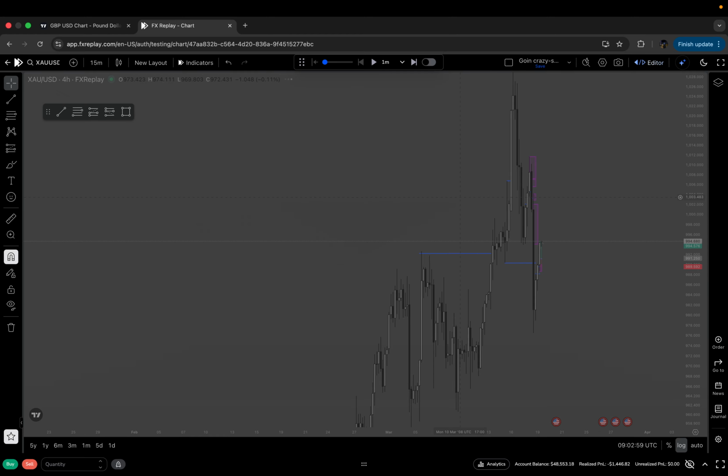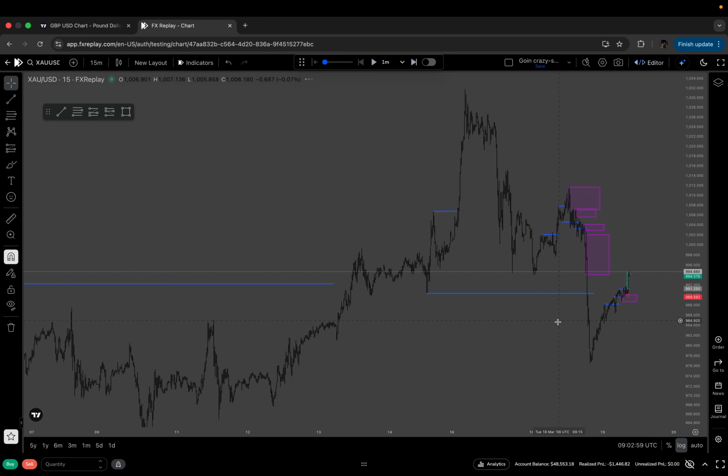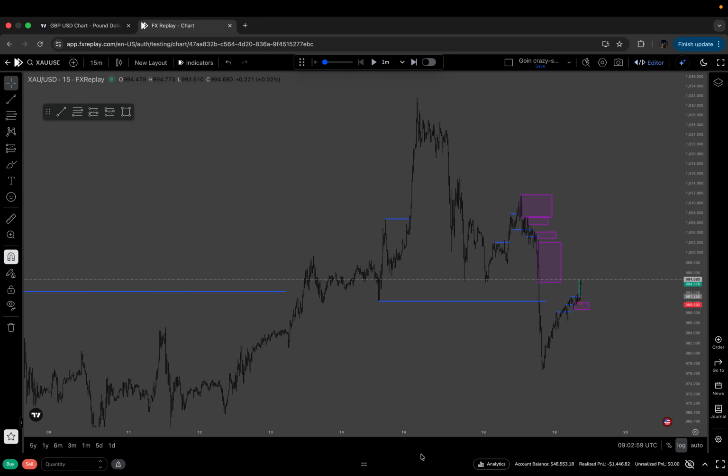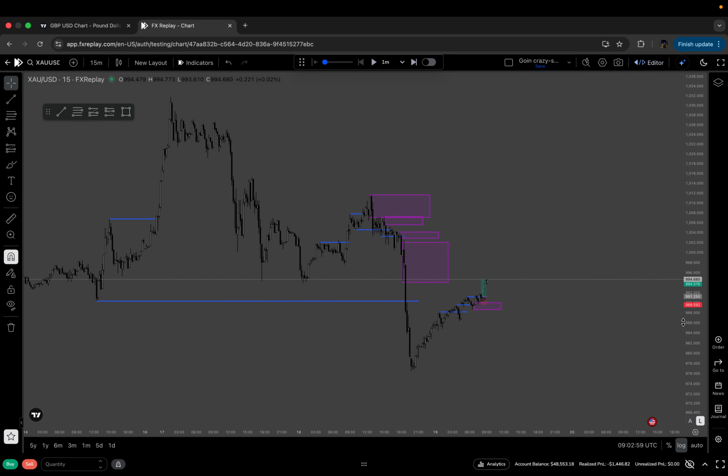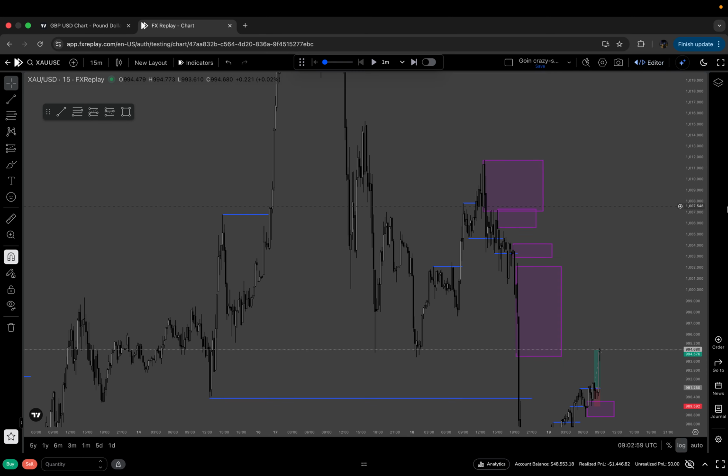But again, with our 15-minute structure marks on our external breaks, we're able to be more consistent with our market structure, because on the 5 minute, price is constantly breaking structure.